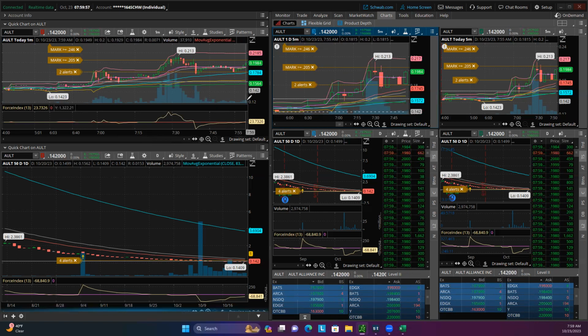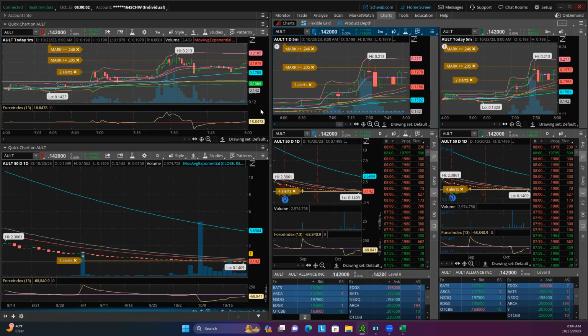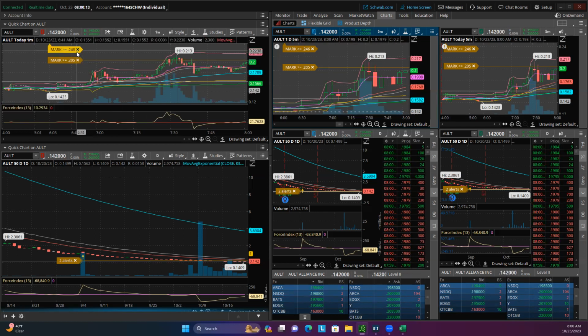It's not usually sporadic movement, and if I see sporadic movement, I probably won't trade it because it's not even worth it. And then I can remove these alerts because I'm already fully out, locked in over 25% gain.